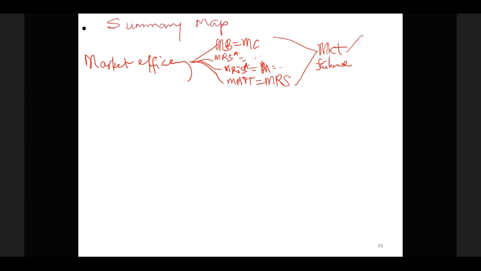Market failure can be as a result of a number of things. We talk about the situation of public goods. We talk about the situation of externalities. We talk about the situation of information asymmetry or information failure, imperfect information.